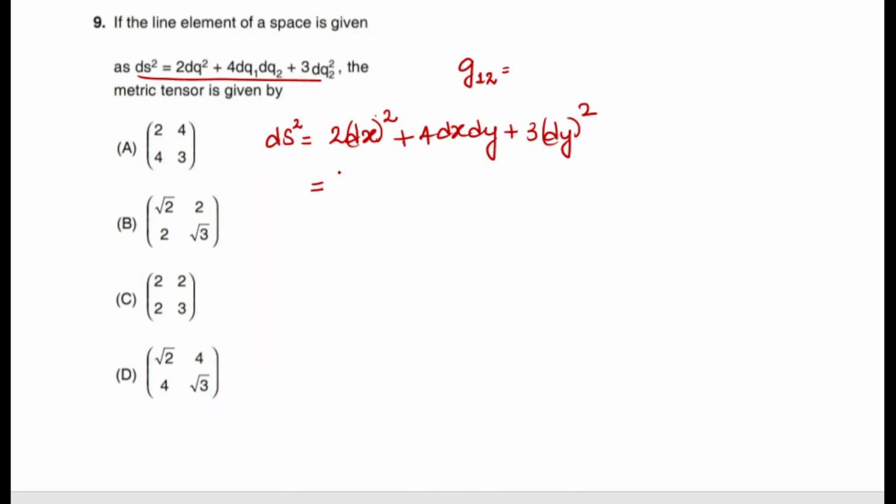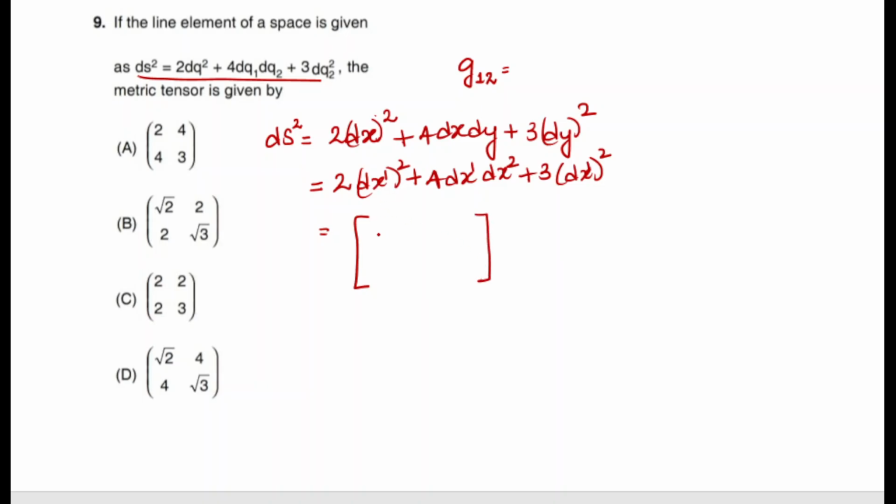So this can be written as 2 dx1 squared plus 4 dx1 dx2 plus 3 dx2 squared. Like this we can write, or in terms of a matrix.